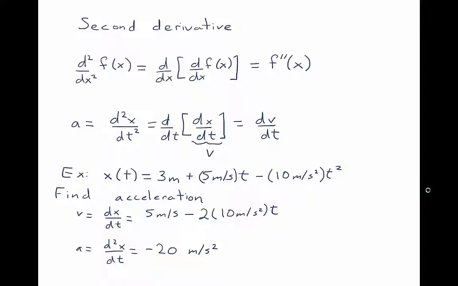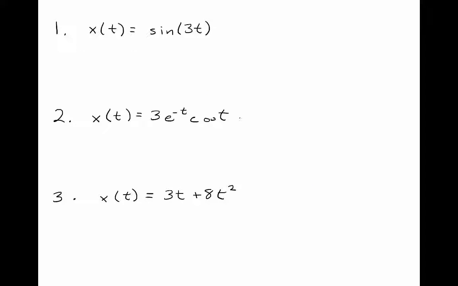I'm going to give you a couple position functions, and then I'm going to ask you to find the acceleration as a function of time. So in the example I did, the acceleration is just a constant number. That's not always the case, as I'm guessing several of you know. I'm not actually writing the units on all these numbers here, like on this 3 or this 3 or that 3 or this 8.